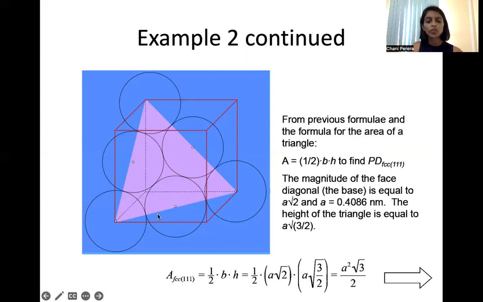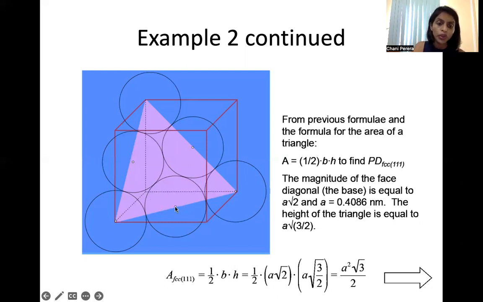Then you have to find out this height. Here this is the A in the back, and this side is A times square root 2.